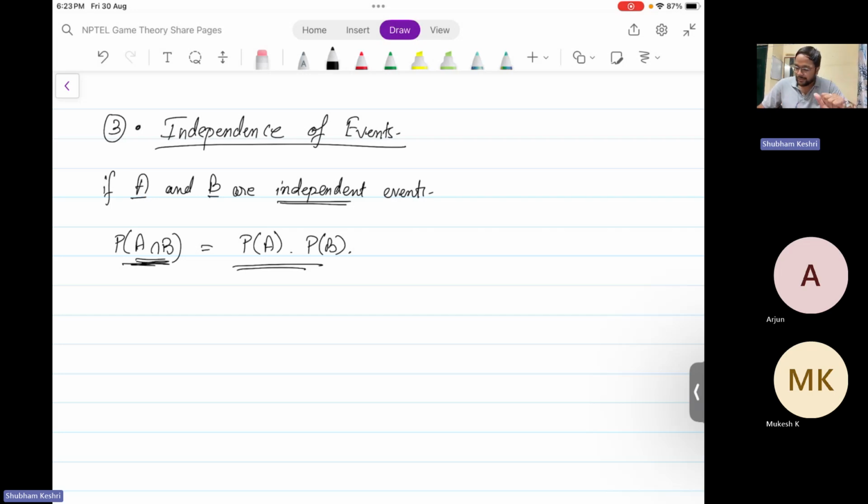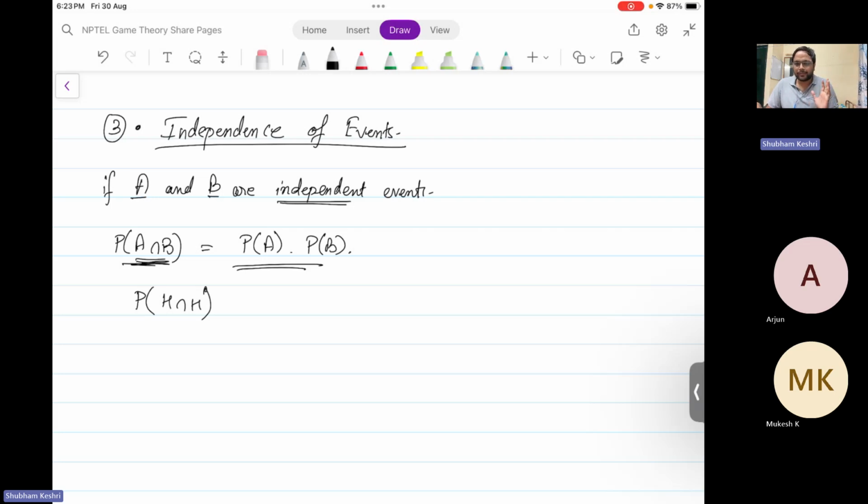For example, say I have two coins and I am tossing them such that both are independent of each other. So the outcome of the first toss does not depend on the outcome of the second toss. The probability of head intersection head means the probability that the first coin gives head and the second coin gives head.